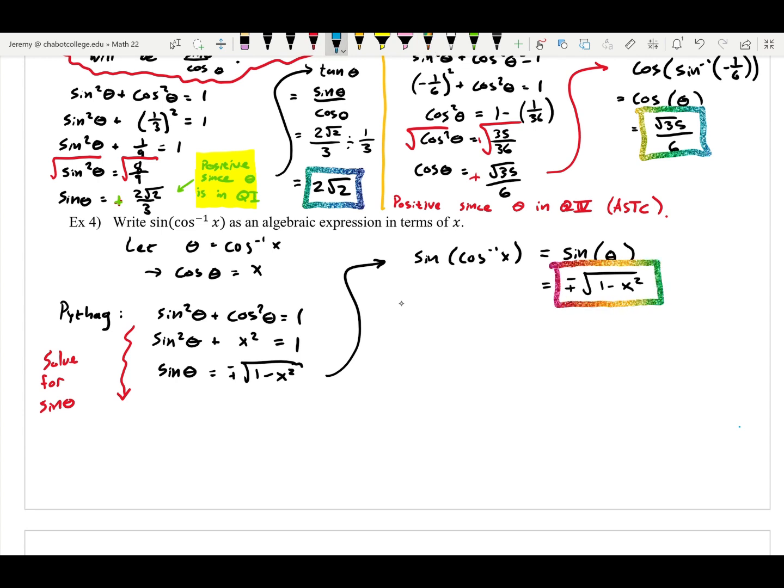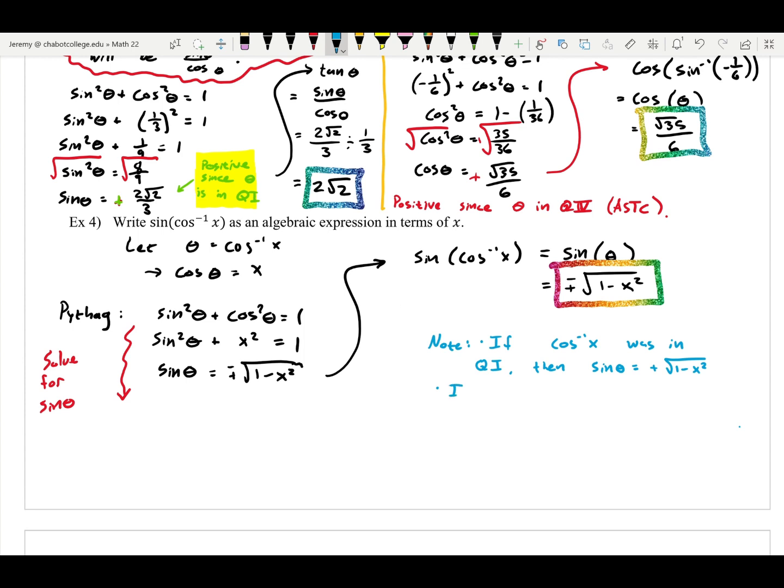I'm going to add a little note here, so I'll say note. If we're given that cosine inverse of x was in, say, the first quadrant, then sine of theta would be positive. So we would have positive square root of 1 minus x squared.